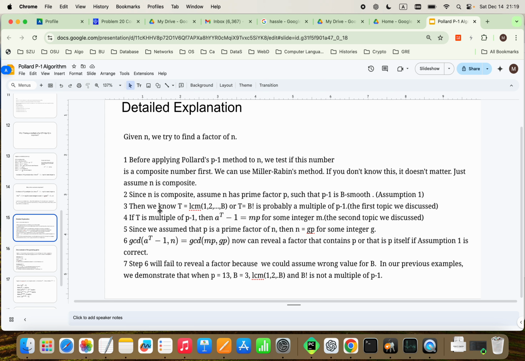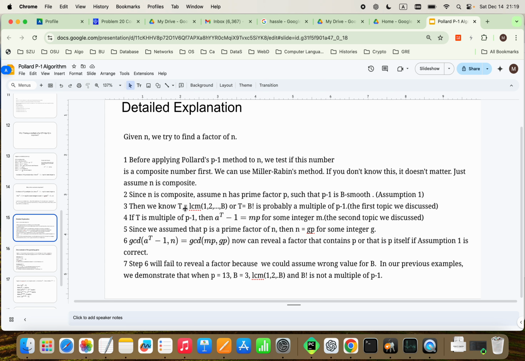Then we know that if we assume a b, for example, b is 5, because in the algorithm we guess b, we assume it's 5, then we apply 5 here.